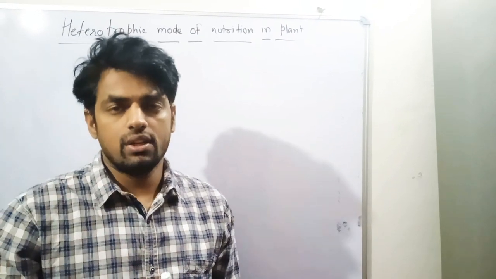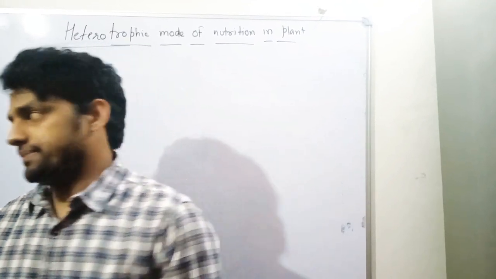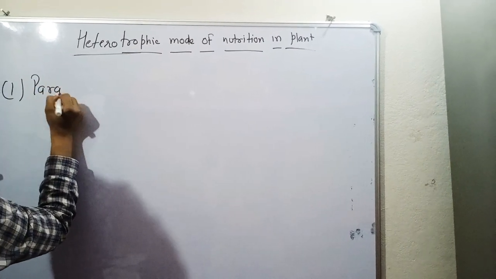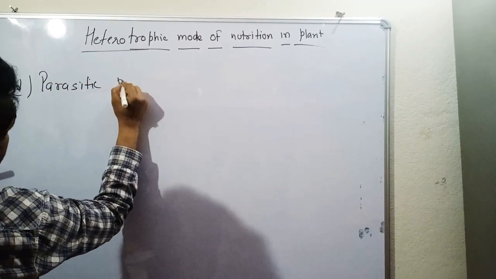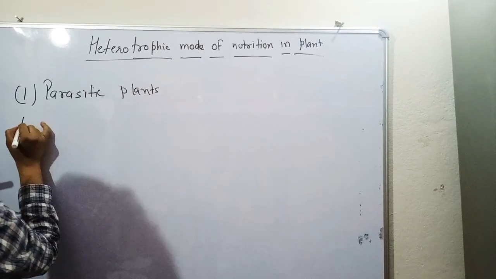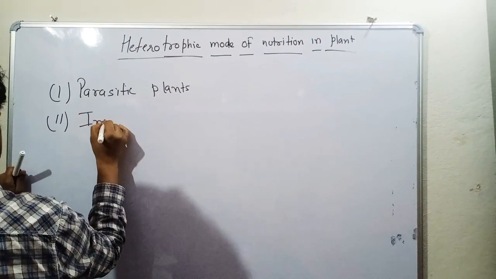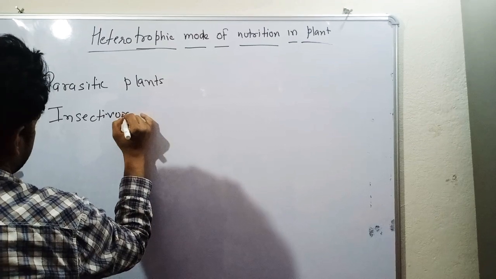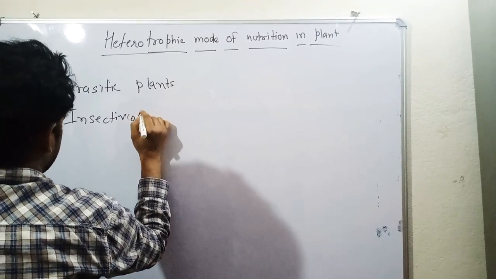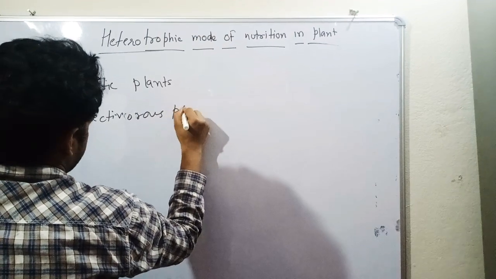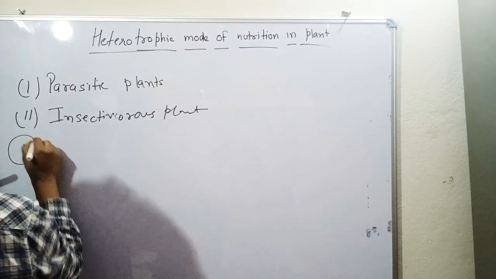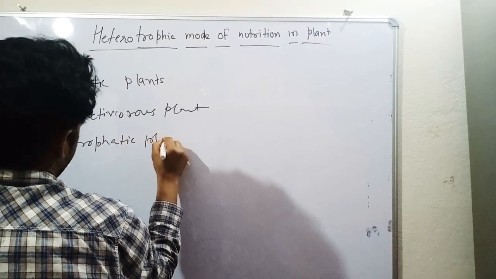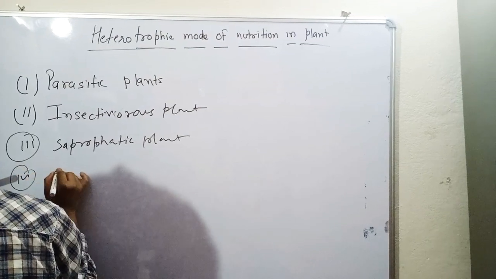Okay, on the basis of the way they get their food, the plants are divided into four parts. First one is parasitic plant. Second one, insectivorous plant. Third one is saprophytic plant, and fourth one is symbiotic.